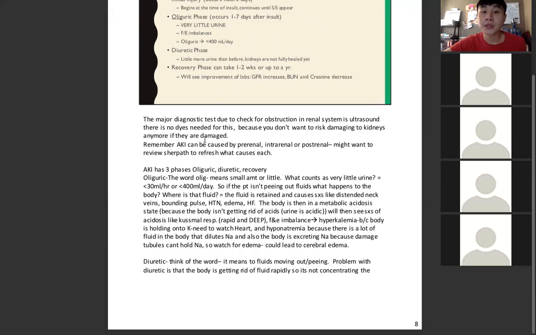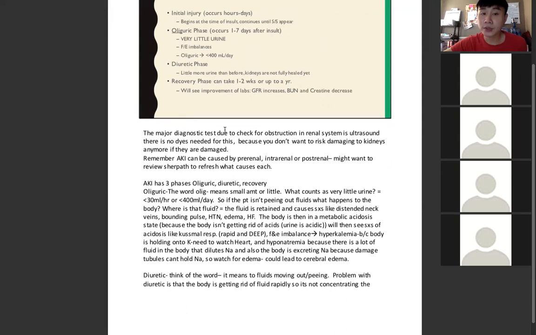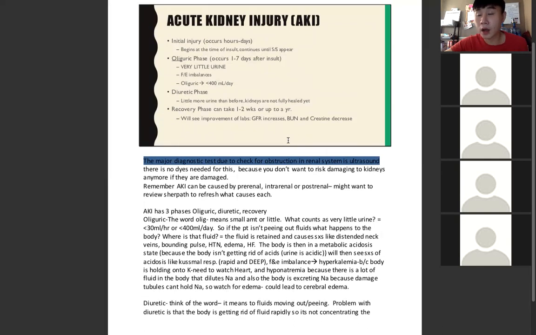Okay, so the major diagnostic test to check for obstruction in the renal system is ultrasound. I put this one here because it is an important thing to know. When we're in the hospital, if the patient doesn't produce urine, the first and most diagnostic test that we will use is the ultrasound.